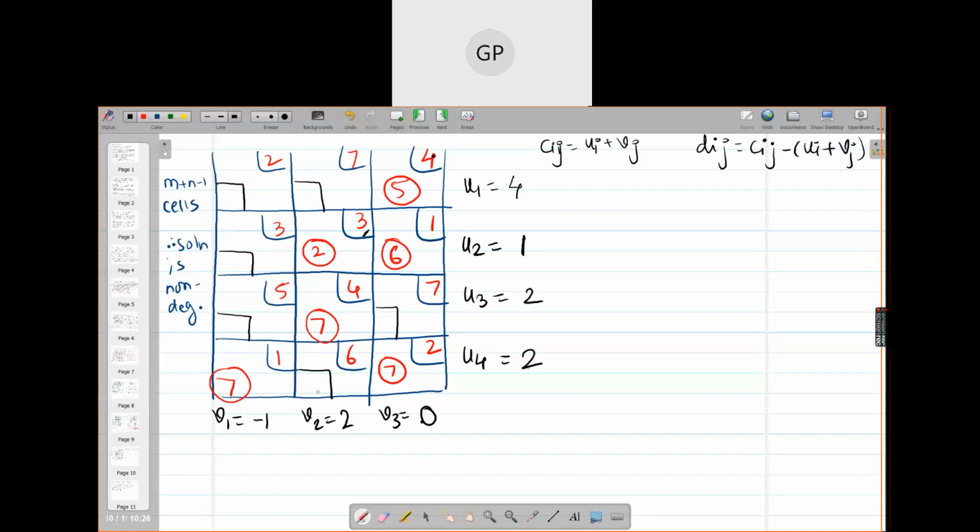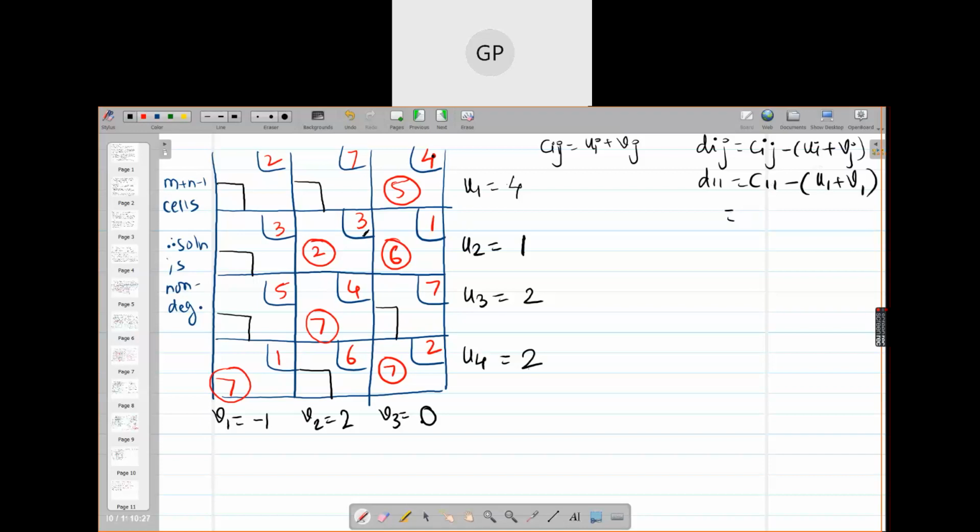D11. You have to first add the corresponding Uis and Vjs. So U1 is 4 and V1 is minus 1. So 4 minus 1 is 3. So D11 is equal to C11 minus (U1 plus V1).